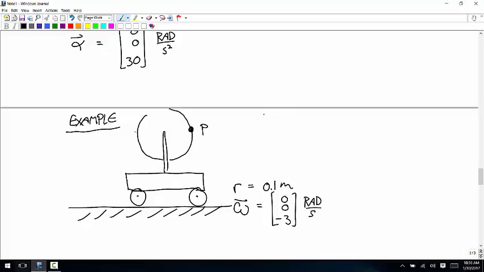Let's say this Ferris wheel thing has a radius of 1 meter and an angular velocity of, the wheels are going clockwise, let's say this thing's going counterclockwise. So 0, 0, 5.